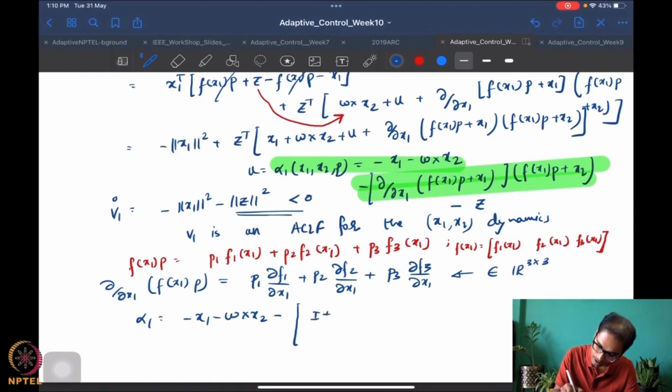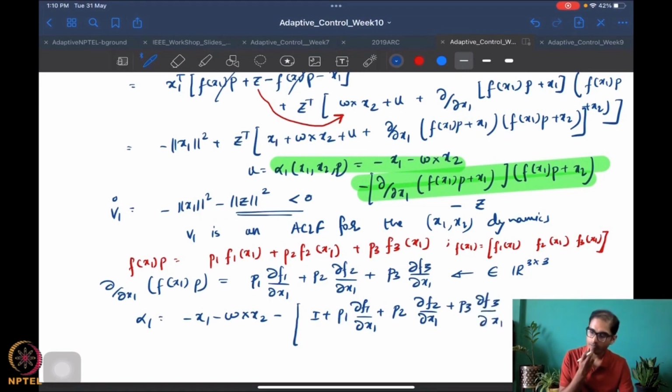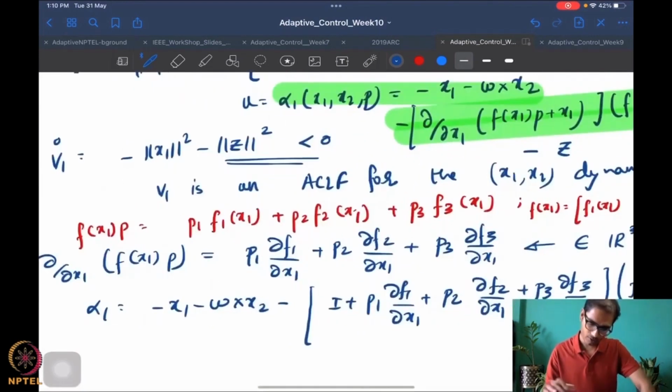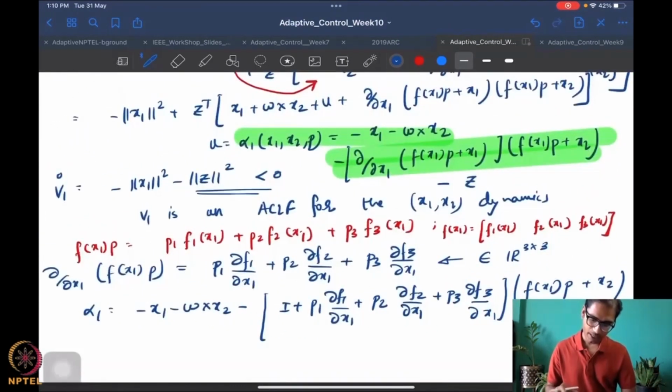So you'll have identity plus p1 del f1 del x1 plus p2 del f2 del x1 plus p3 del f3 del x1, and this is multiplied by fx1p plus x2. Okay, so this is what you have for your feedback.